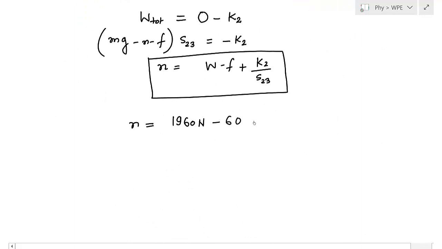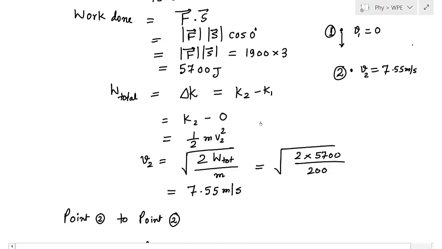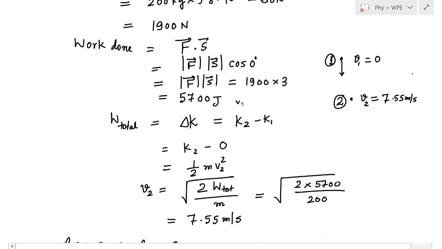Friction force is 60 Newton, and K2, that is the kinetic energy at point 2. We have already calculated this value. The kinetic energy at point 2 is nothing but 5700. This is the same as work done from point 1 to point 2. You remember, the kinetic energy at point 2 is nothing but work done, because K1 is 0.